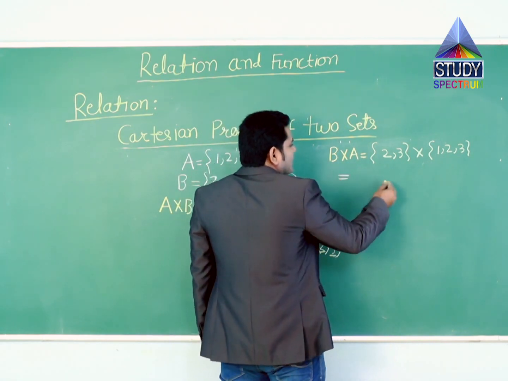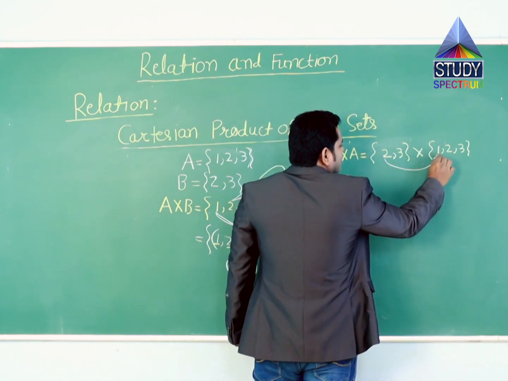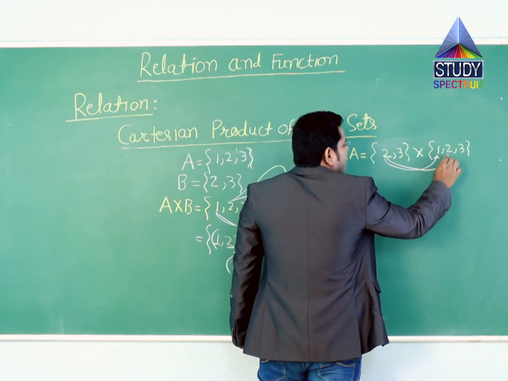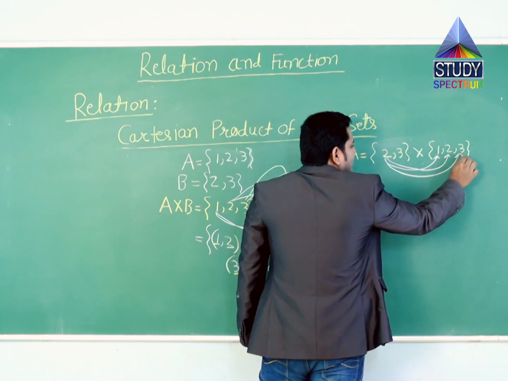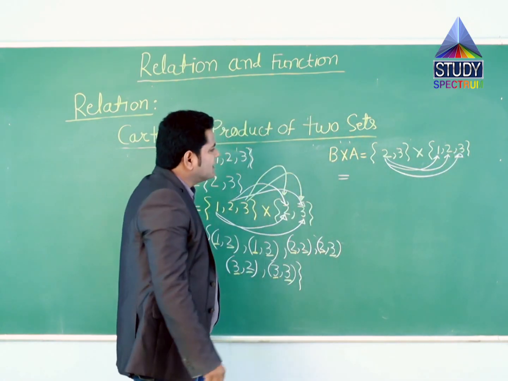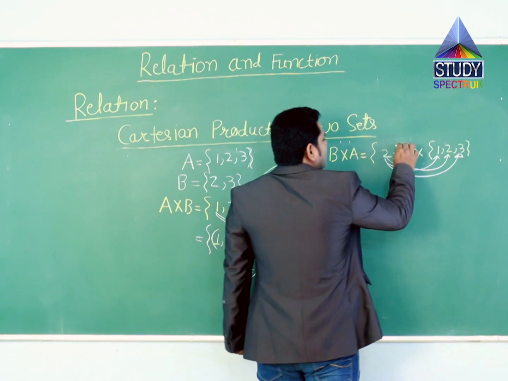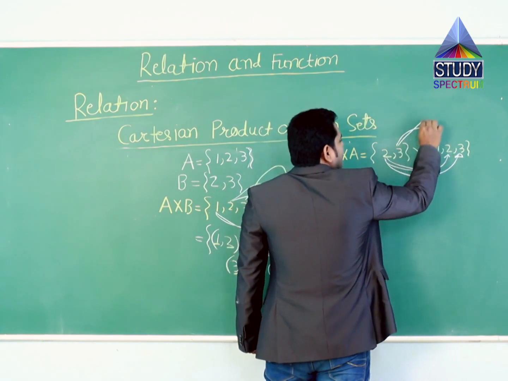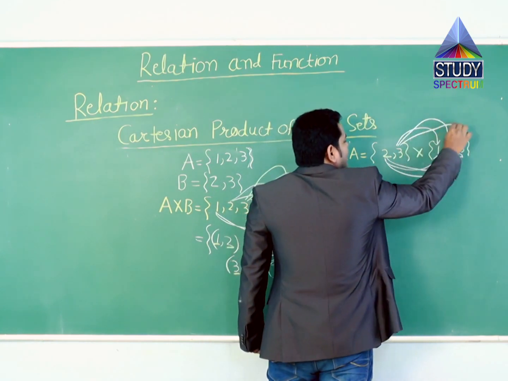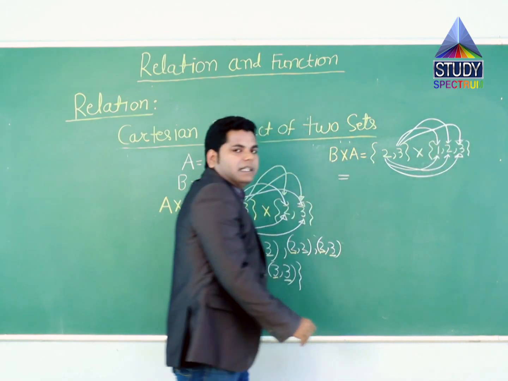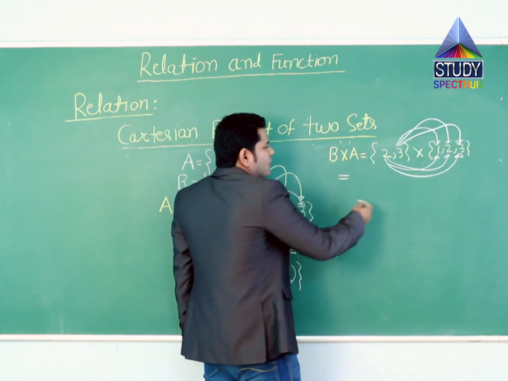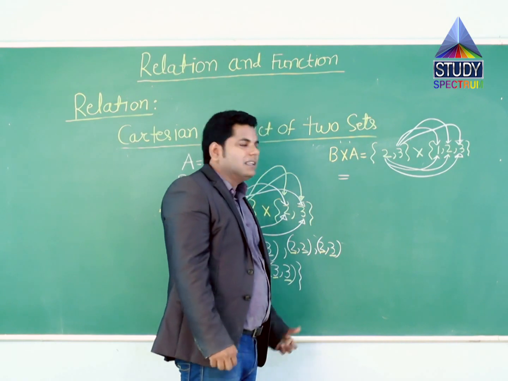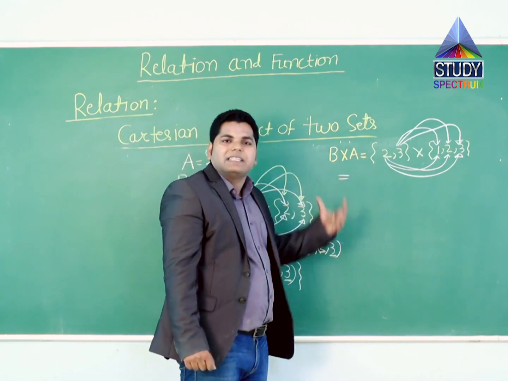So start writing. 2 will make an ordered pair with 1, with 2, and with 3. In the same way, 3 will make an ordered pair with 1, with 2, and with 3. Now write all the ordered pairs as a set and we get the Cartesian product.